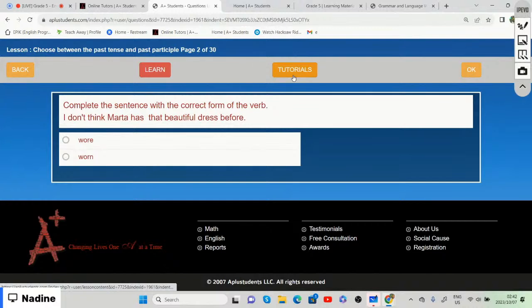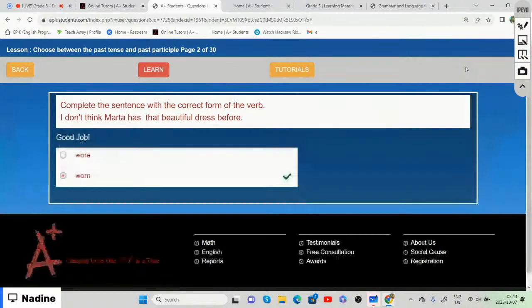We need to choose the correct form of the verb. All right, so if we choose the correct one, we will say worn. We don't think that Martha has worn that beautiful dress before.